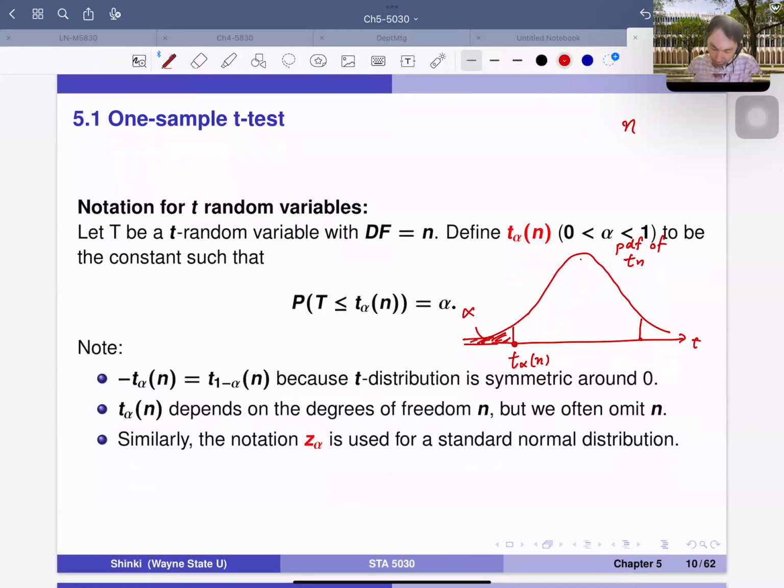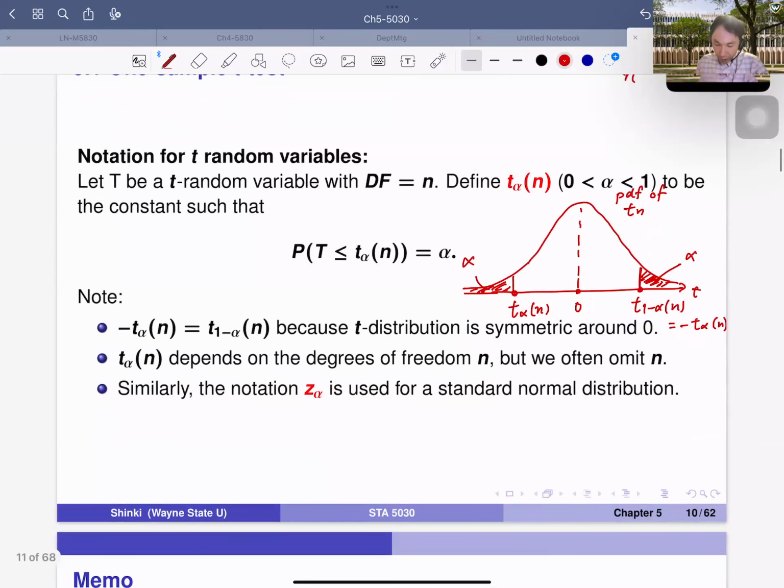So if you think about the center and the upper alpha percentile, then this point is t sub 1 minus alpha of n. Or also you can say that this is the negative t sub alpha of n.